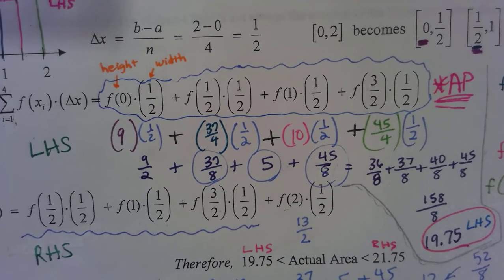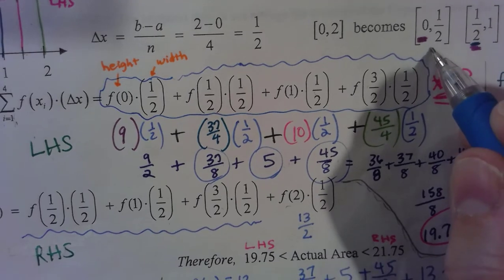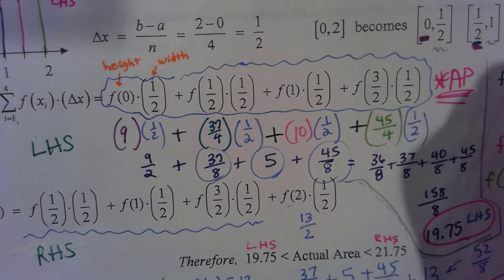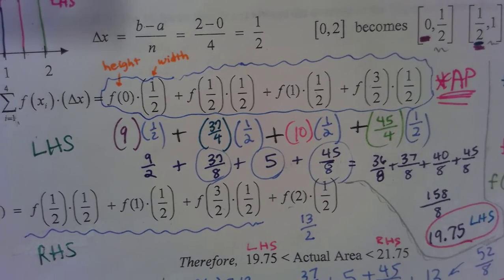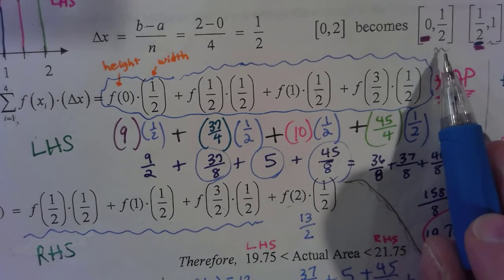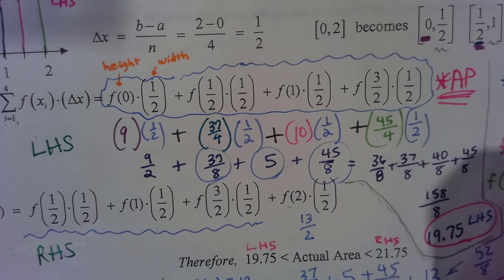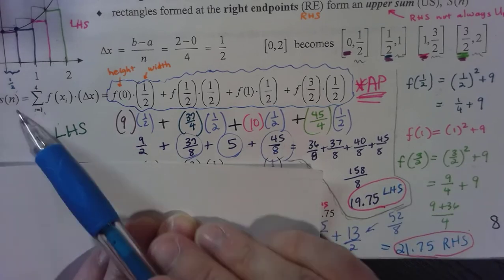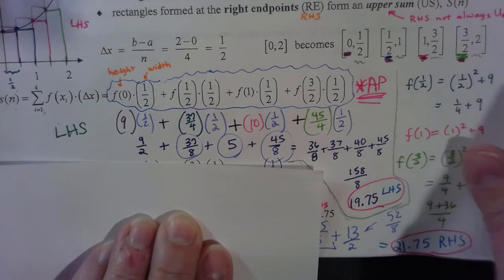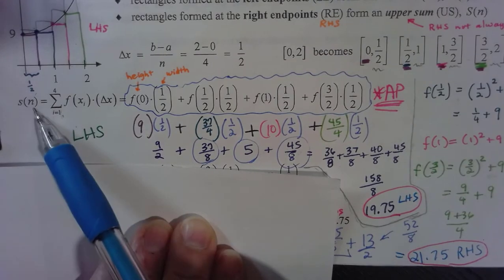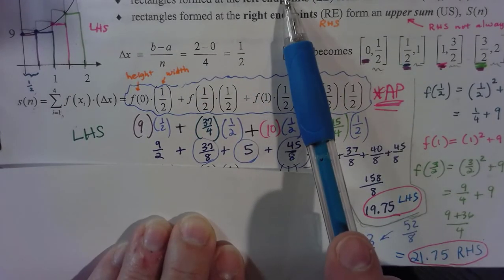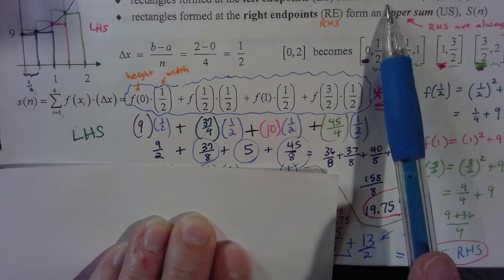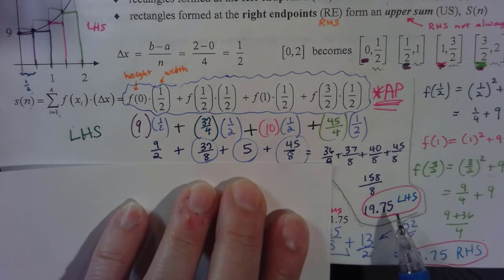Now let's find the right-hand sum. How would you find the right-hand sum? I would use the right endpoint of each subinterval, and I would evaluate my function at the right endpoint of each subinterval. Let's remember, we were finding a lower sum designated with a little s. And because our function is increasing, the left-hand sum gave us our lower sum in this problem.